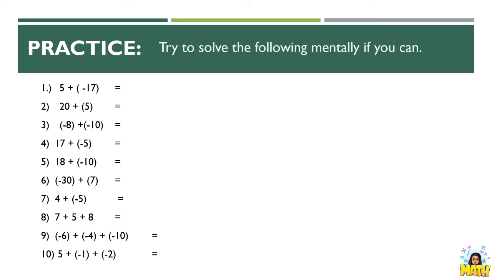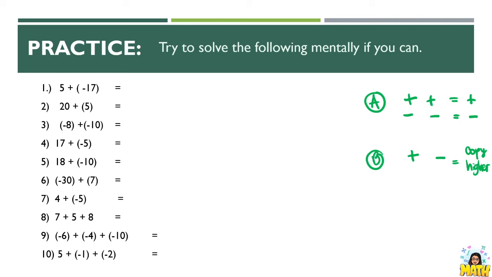Recall that we have two rules in adding integers. The first one, if they have the same signs, that means both positive or both negative, you simply need to copy their signs. While if we have different signs, we need to copy the sign of the higher absolute value. So number 1, positive 5 plus negative 17.